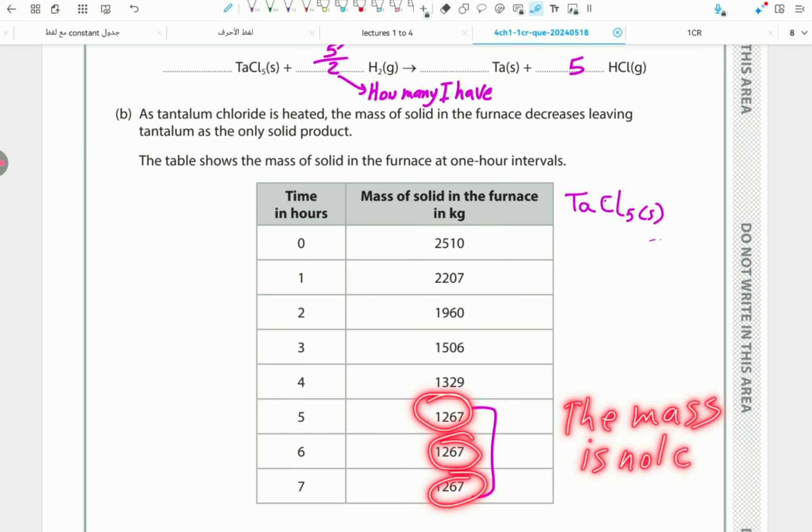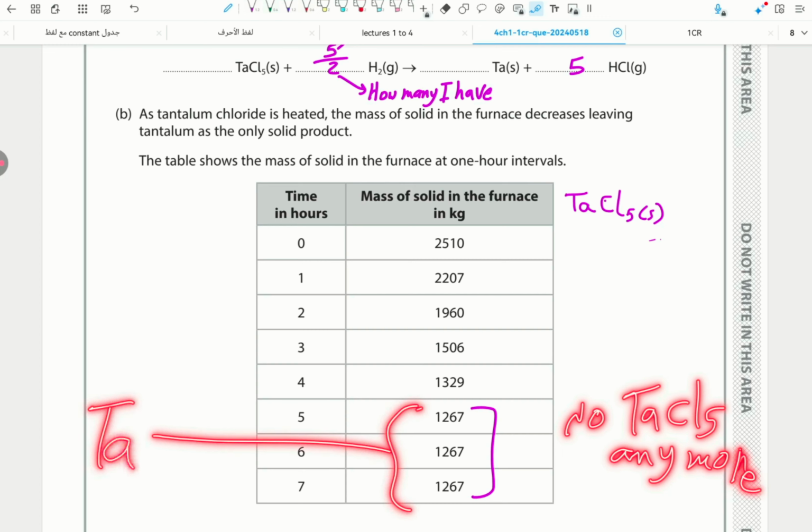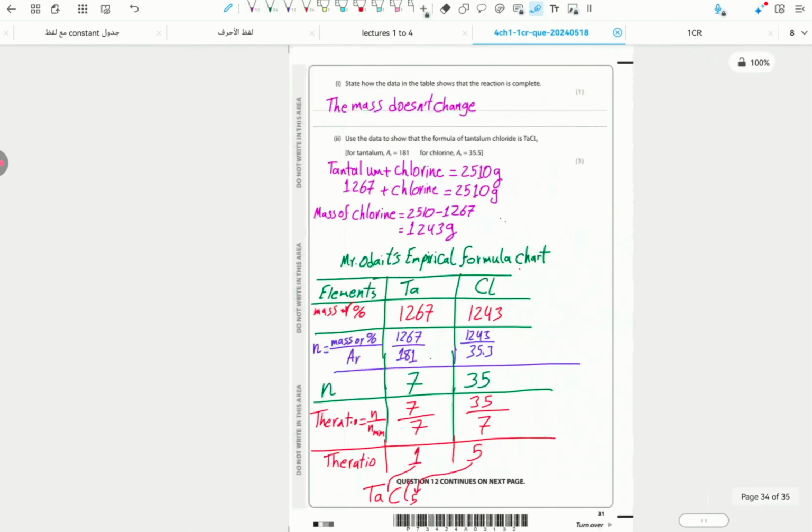Why do we say that the mass is not changed, my friends? The mass is not changed because we don't have any TaCl5 anymore. So this mass here is going to be the mass of tantalum alone. Why? Because it doesn't have any chloride to lose anymore.